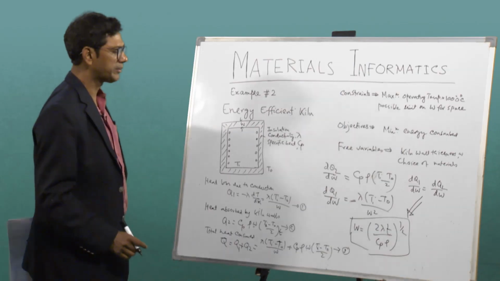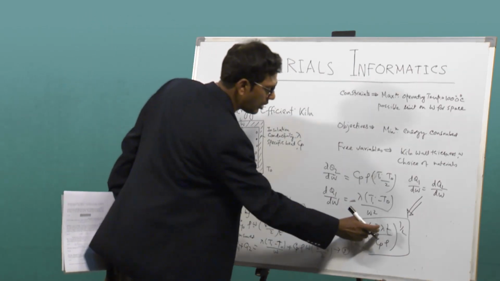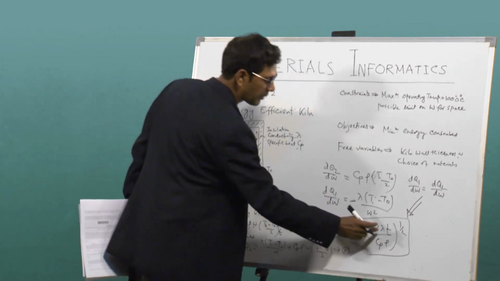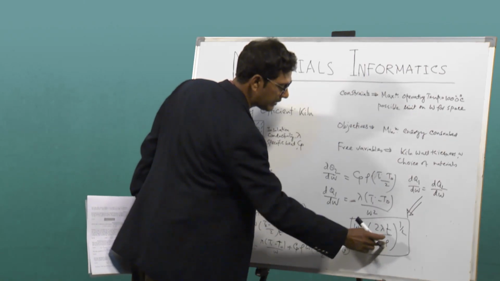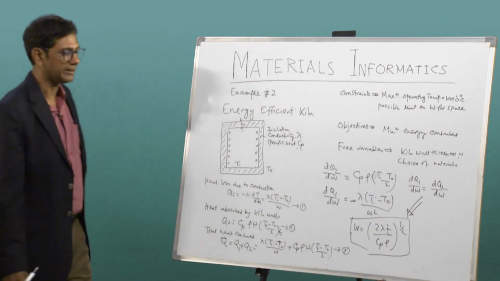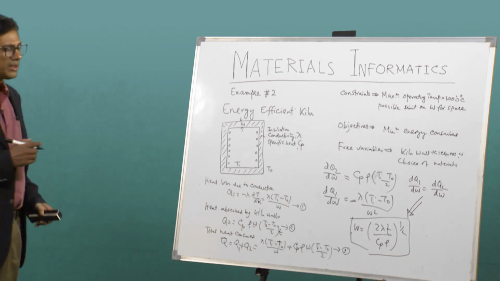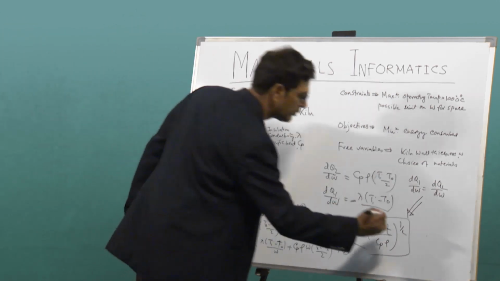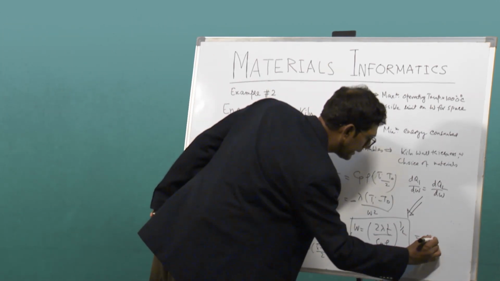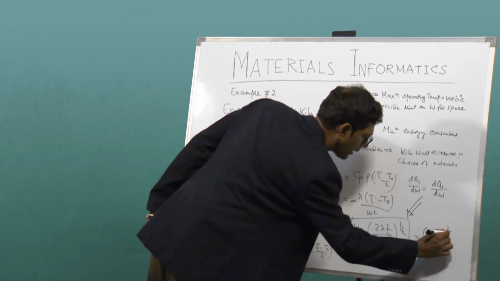So, this is my optimum wall thickness, that depends on all the important parameters: thermal conductivity, Cp and density, and obviously time. Time is decided by the heating rate, right. So, you can see this will be equal to 2 A T to the power half.